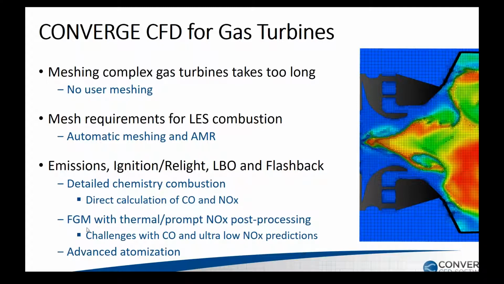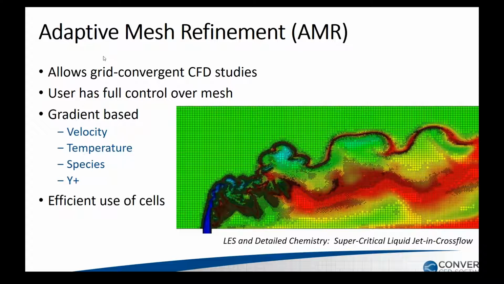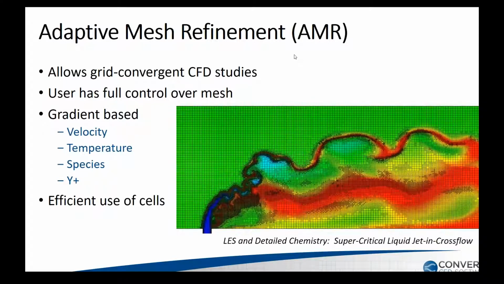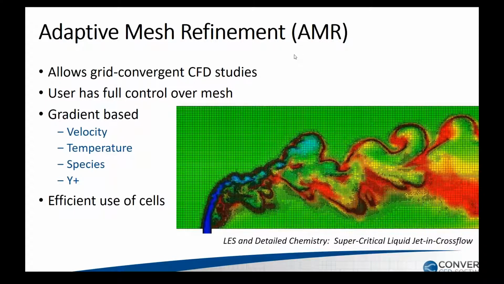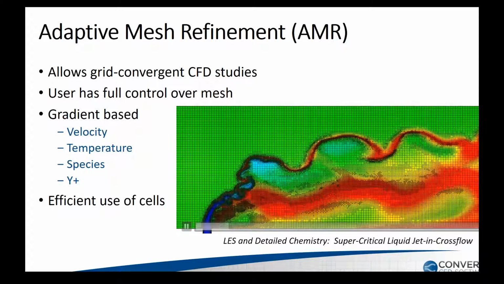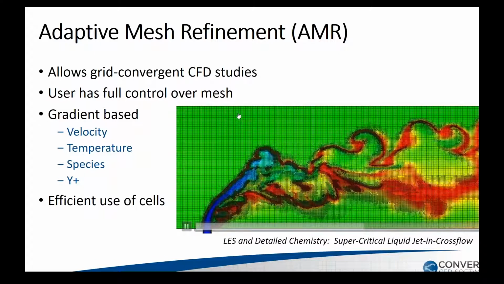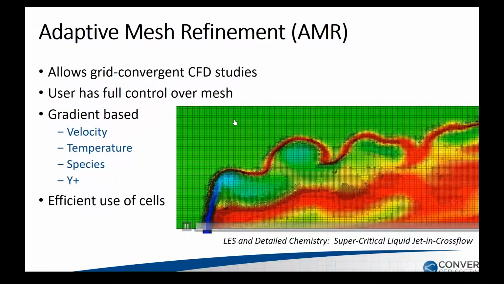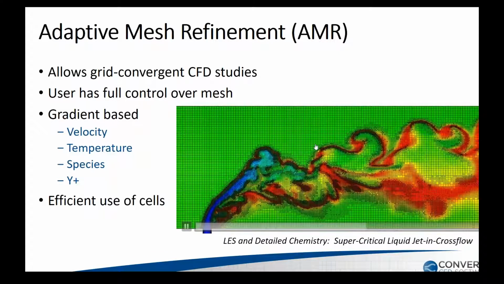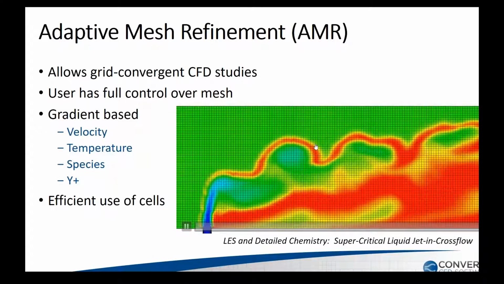So with that, I have one more slide. I'd like to talk a little bit about adaptive mesh refinement, for those of you who aren't familiar with it. CONVERGE uses an automatic meshing technique where you have a base mesh size, and then you use adaptive mesh refinement to refine the mesh when and where it's needed.